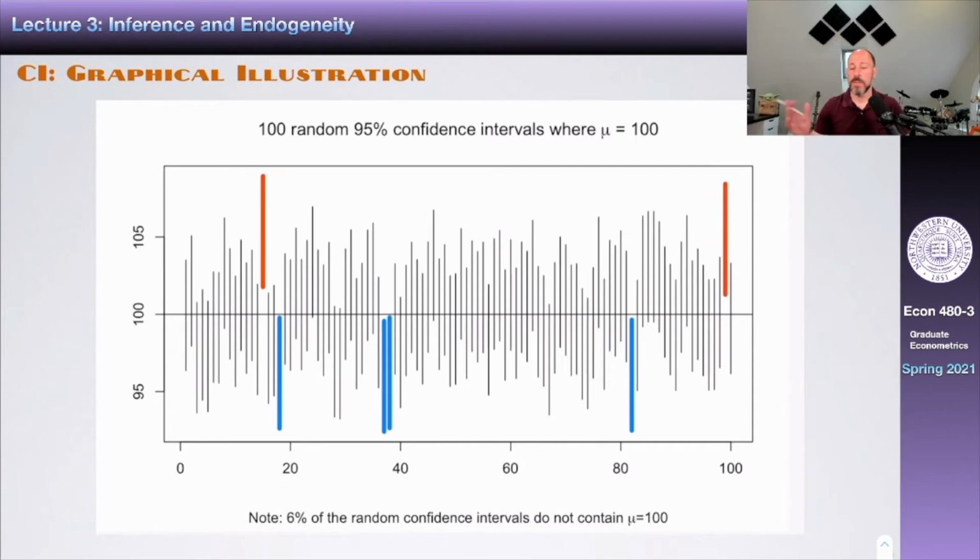And those are fine. Those are the ones where sometimes you're going to get an interval that does not contain the true parameter, and that's going to happen with probability no higher than 5%. It's an asymptotic statement, so here in a finite sample it happens 6% of the time, but again, that's because it's an approximation.